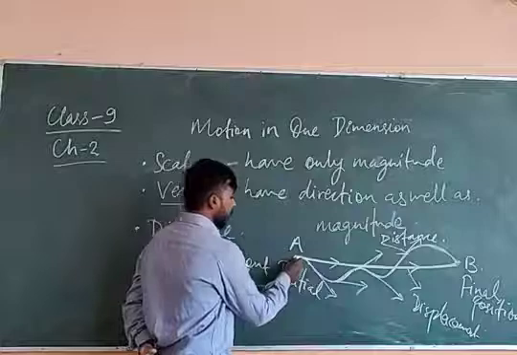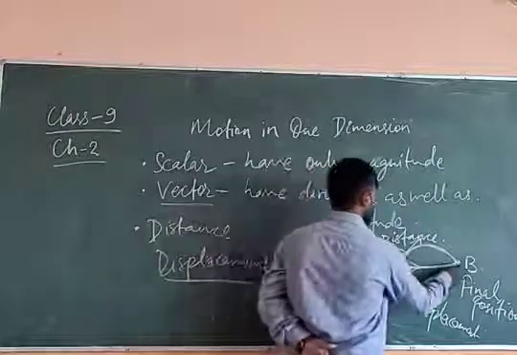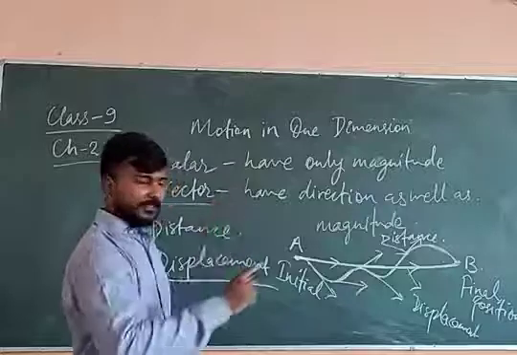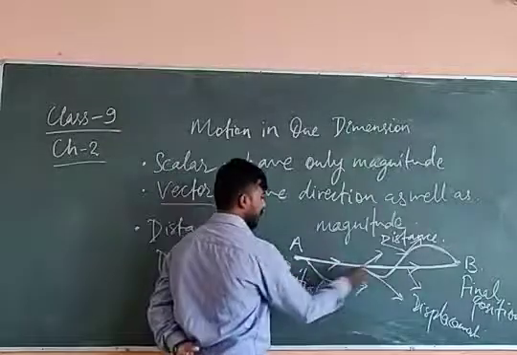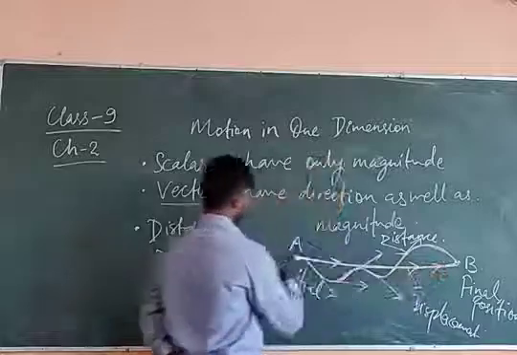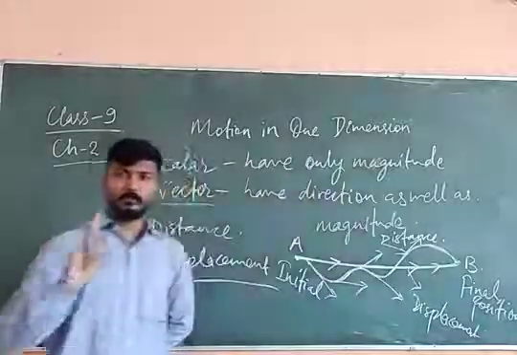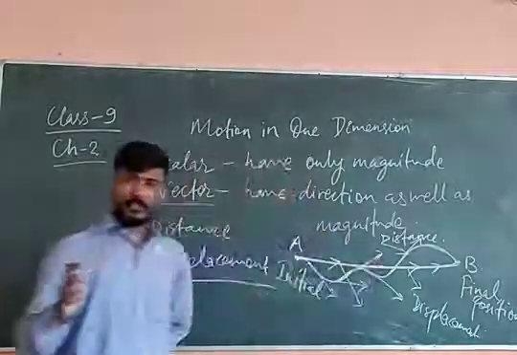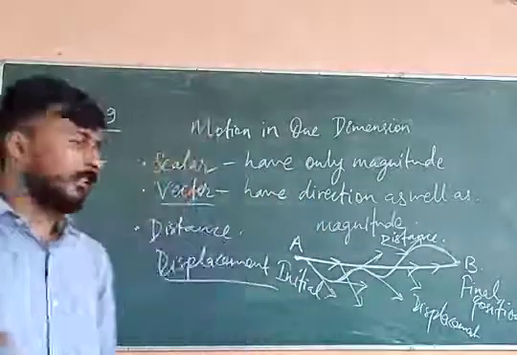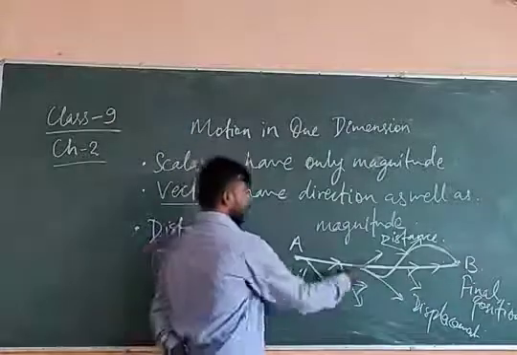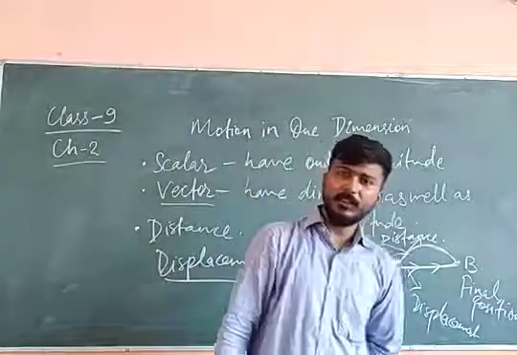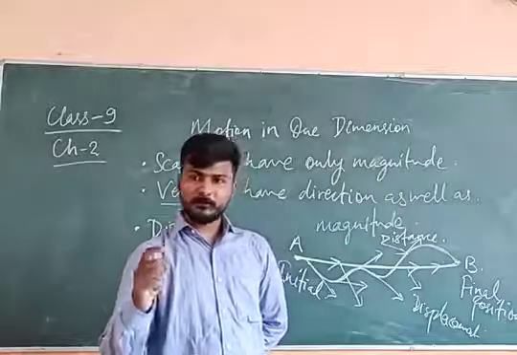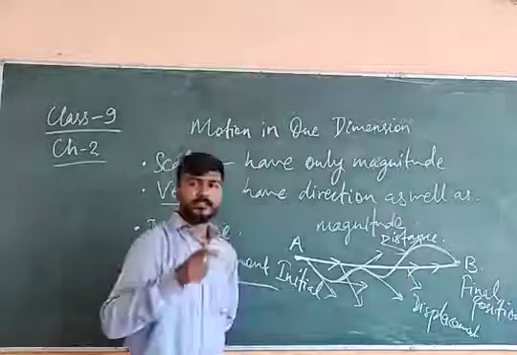But in this straight line path, we have a definite direction, from A to B. It has only one direction, so it has a direction as well as magnitude. So displacement is a vector quantity, but distance is a scalar quantity because it has an infinite number of directions. There is no definite or fixed direction.